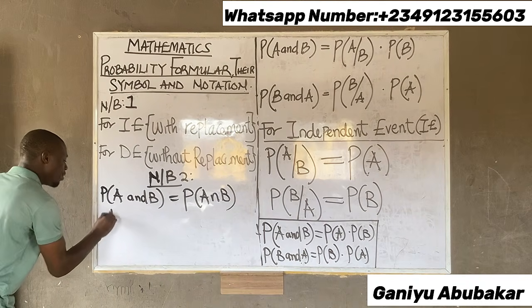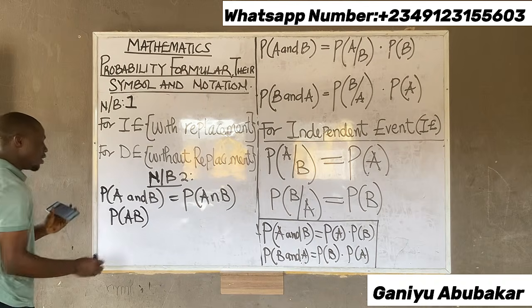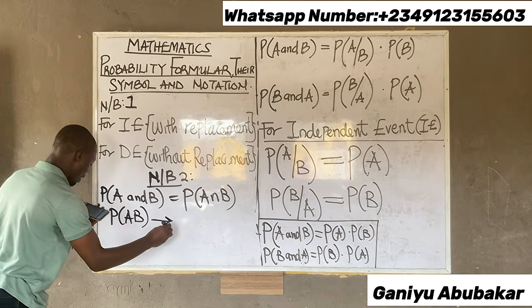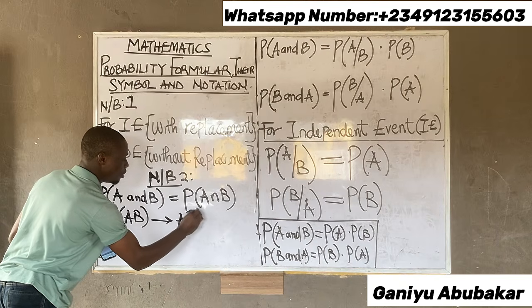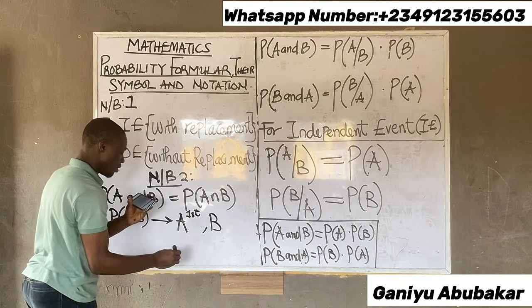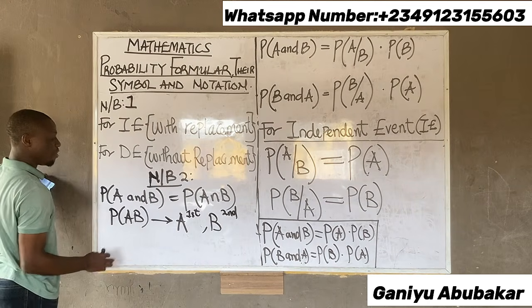Also, for the probability of A and B written like this, observe that A comes first, then B comes second.